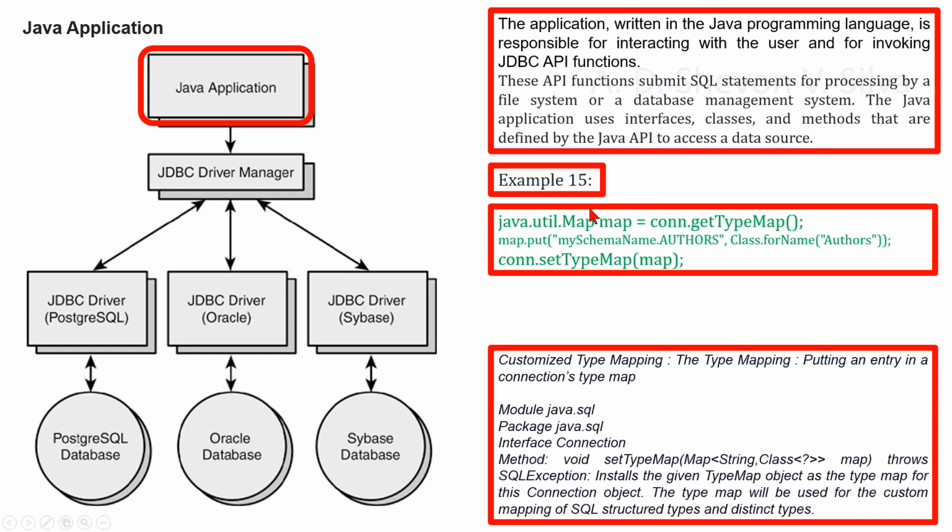Now we are considering type mapping in customized data type mapping. Here, putting an entry in a connection's type map.